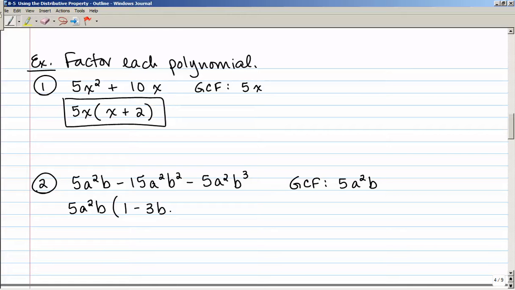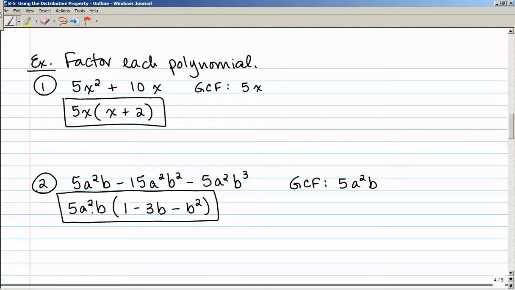B squared divided by b is b. And my last term, negative 5a squared b cubed, is going to give me a negative b squared. So my final answer is 5a squared b times the quantity 1 minus 3b minus b squared.